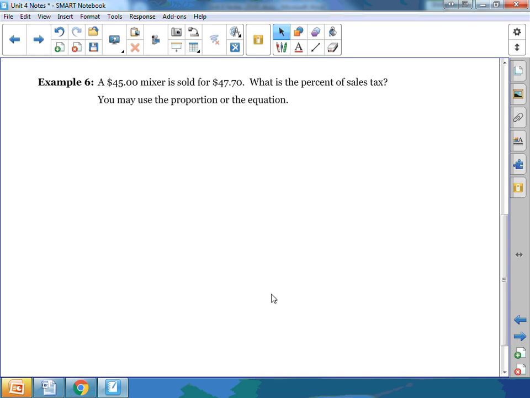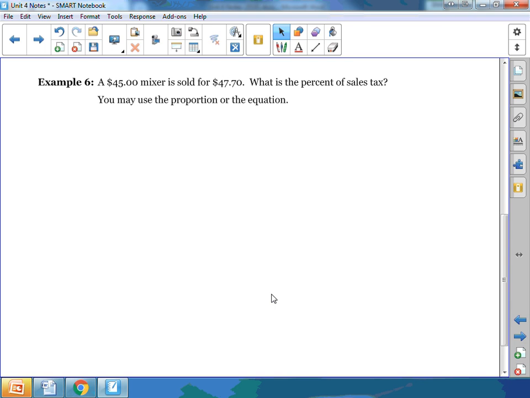Take a look in Chapter 6, Section 3. We did not get to example 6, I believe. Is that correct? We didn't do it? Okay. Well, let's do example 6. It's another tax problem. I think we could use the extra practice with this.